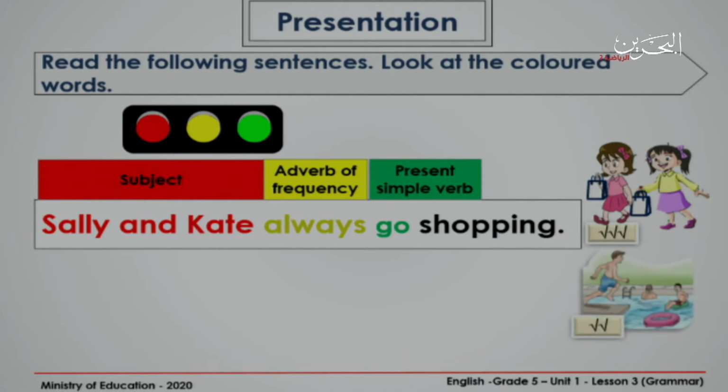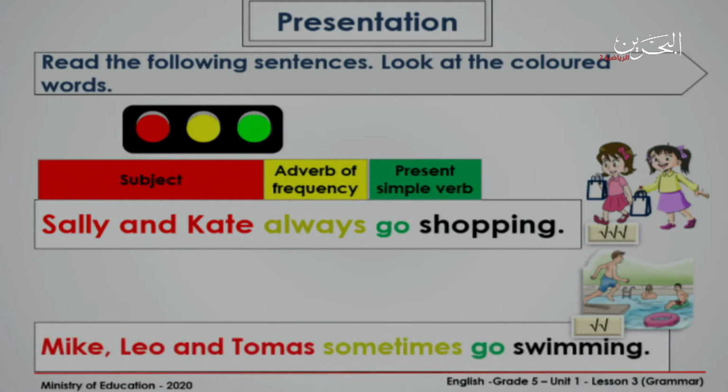Now let's look at this picture. We have 3 persons this time and you have 2 ticks. Which adverb of frequency is it? It's sometimes. Very good. Let's read the sentence. Mike, Leo, and Thomas sometimes go swimming.